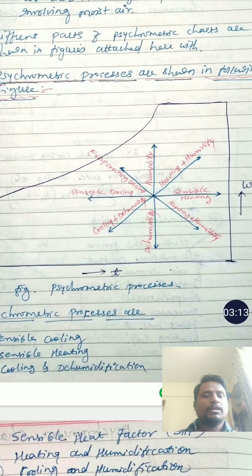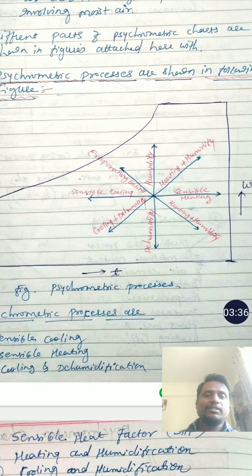Definitely the temperature increases, and the humidity ratio also increases. So you have to remember that in heating and humidification, the temperature of the air as well as the humidity ratio are both increasing. Now if you see the cooling and dehumidification process, in this case both the humidity ratio as well as the temperature are decreasing. I hope you got it.